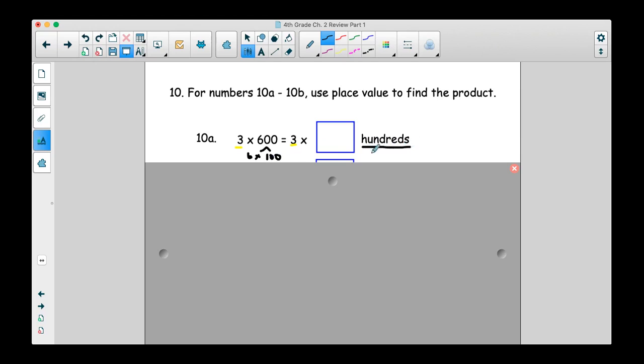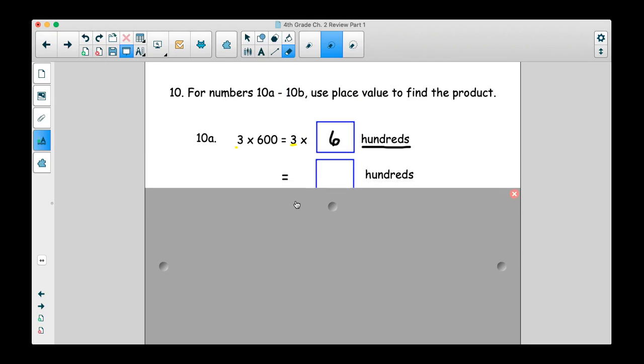There's the word hundreds, and there's the number 100. So the number that has to go in this rectangle is 6. So 3 times 600 is the same as 3 times 6 hundreds. Okay, that makes sense to me.